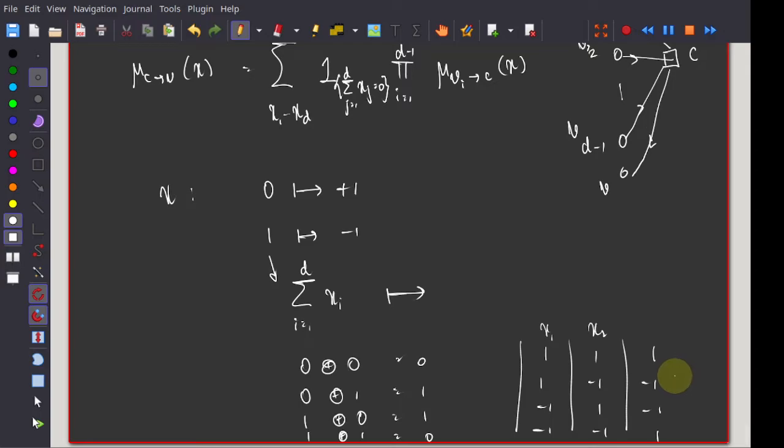It's just the product, right? That's a nice feature of this particular mapping. XOR is basically the same as product. So this becomes the product, i equal to 1 to d, of x_i, if each x_i is +1 or -1. So I can rewrite this in the following way.